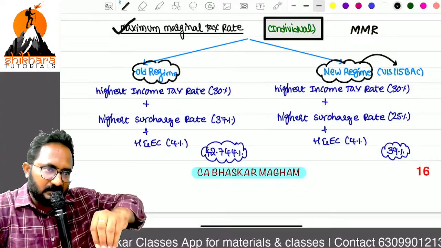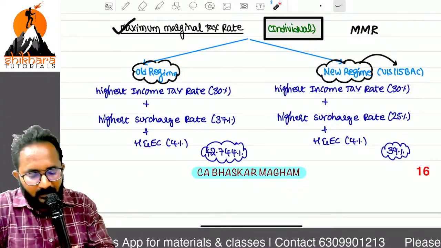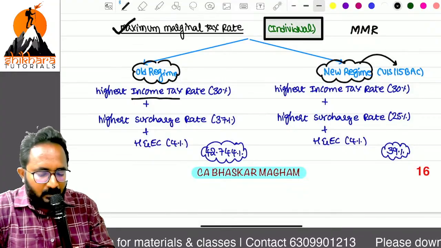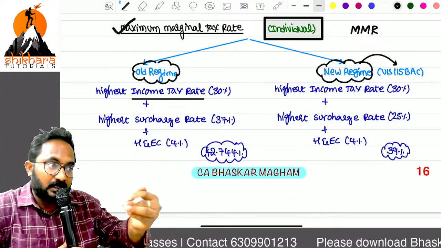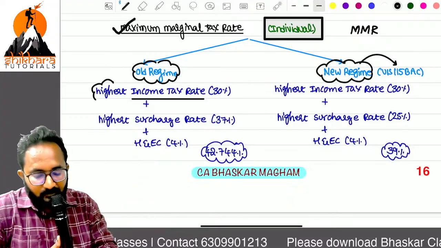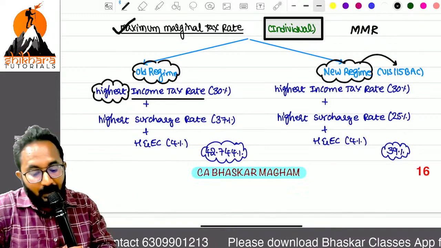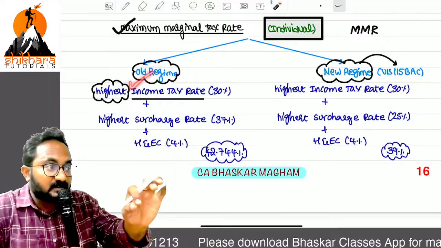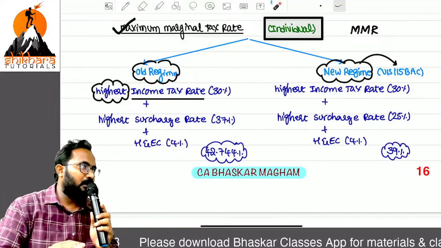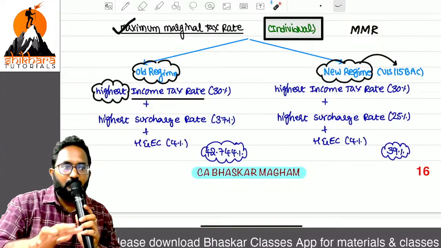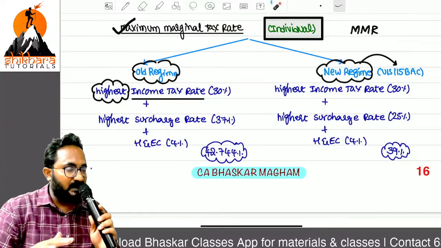In these 3 things, take the highest percentages. Income tax rate: slab rates are available for an individual, 5, 20, 30, but take the highest one. Highest one is what? 30. Surcharge rates under the old regime: please open the surcharge concept of individual in your handwritten notes. Individual, HUF, AOP, BOI, AJP tax rates were discussed, and within that, surcharge rates also.